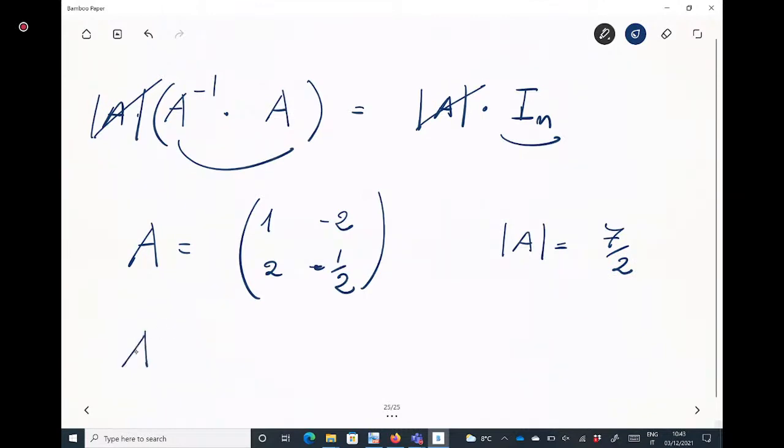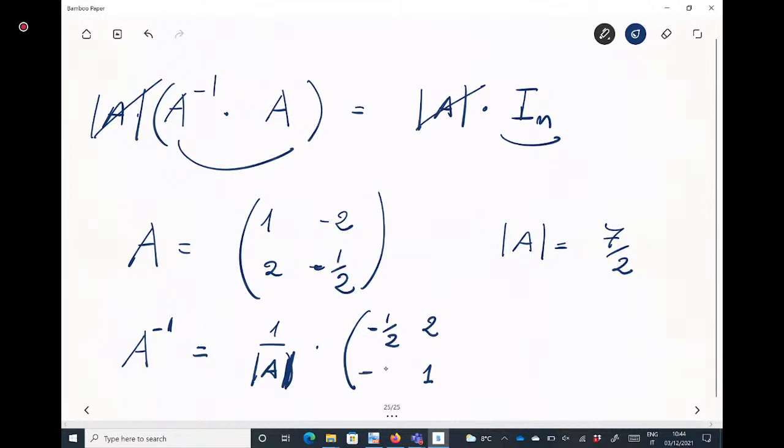What is the inverse of matrix A? We have to divide by the determinant and then multiply by this matrix in which we exchange the two elements in the main diagonal and we take the negative of the remaining elements, okay?